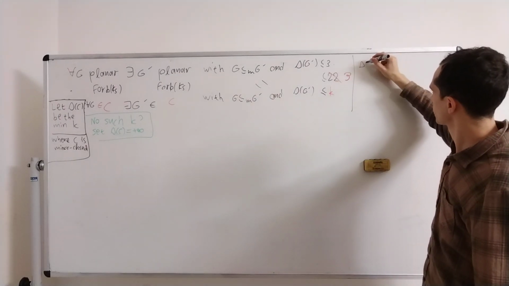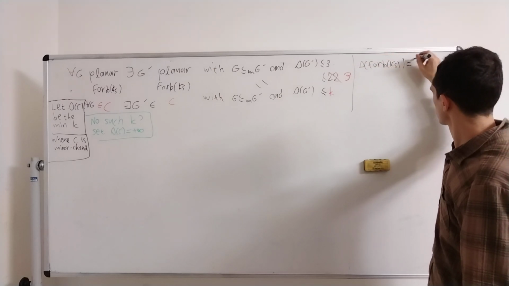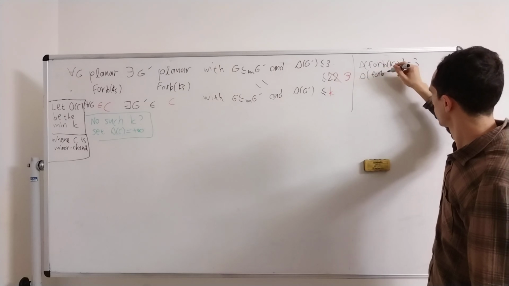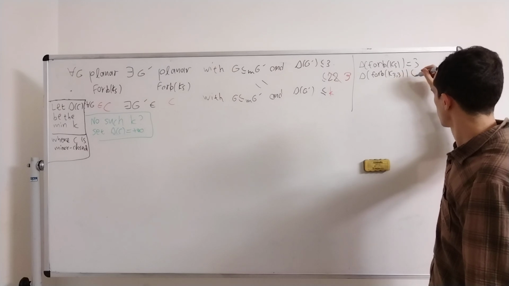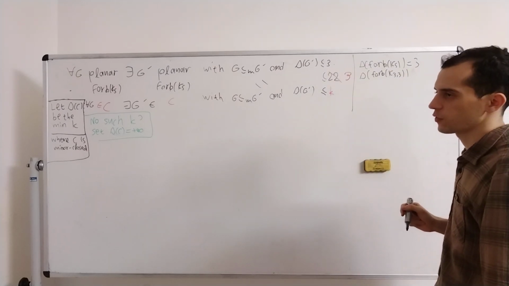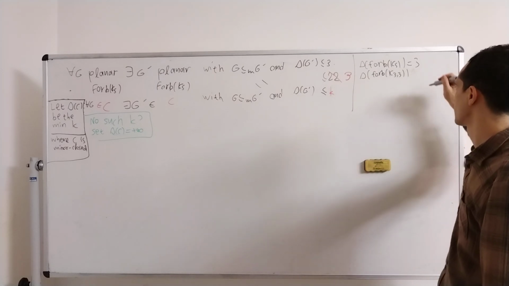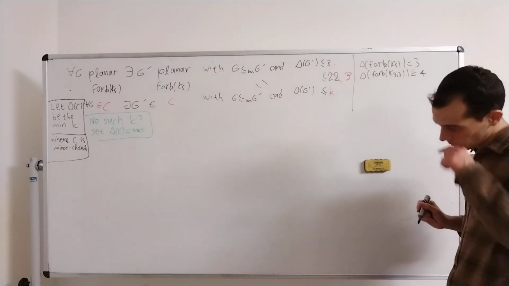So we do have that delta of forbidding K5 is 3. Now there are other cases. What about delta of forbidding K3,3, the class excluding the bipartite graph of 3 vertices on each side? It is 4 in this case.